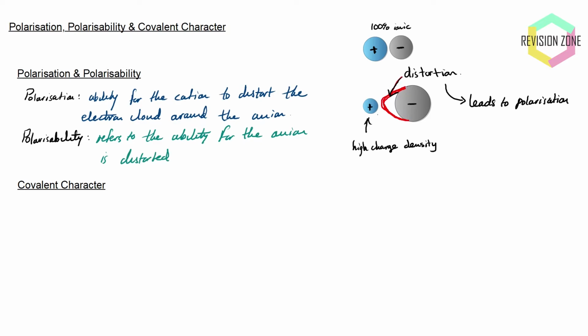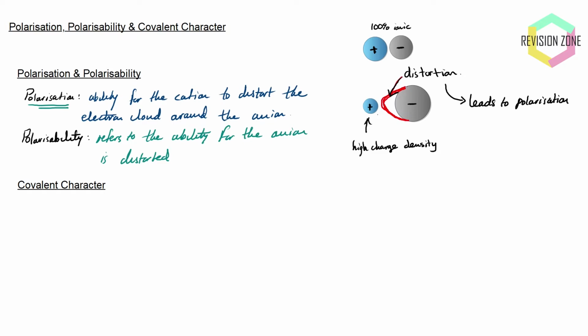So the more distortion, the more polarizability of the negative ion or anion. A high polarization means the ability for that positive ion, the cation, it can cause a lot more distortion in the negative ion, the anion.